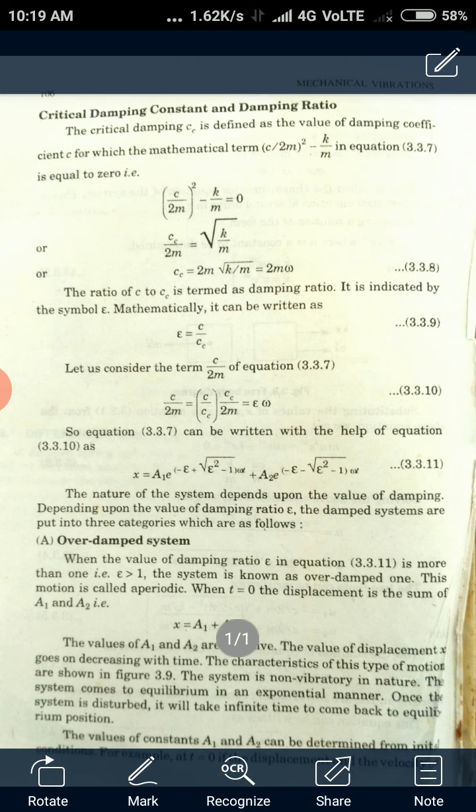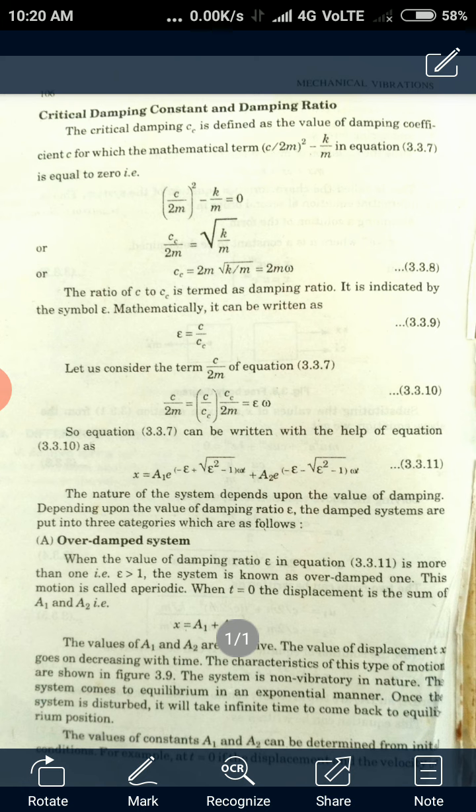The critical damping coefficient Cc is defined as the value of the damping coefficient c for which the term in the bracket, the term c by 2m whole square minus k by m in equation 3.3.7, is equal to 0.